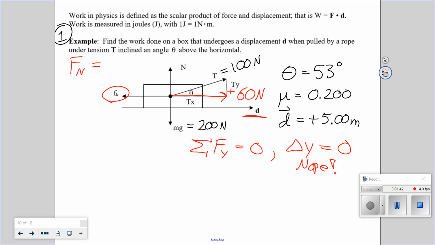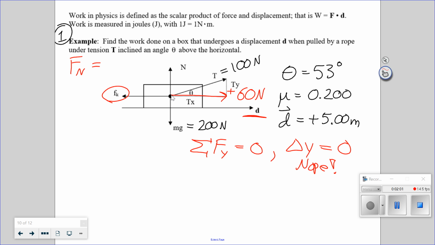There's no kinetic energy change, because any force times 0 delta y is 0. I don't need to think about those forces. I only need to know what the force of friction is, because that's the one that goes backwards from the displacement. So I'm going to get some positive work out of this one, and we get some negative work.